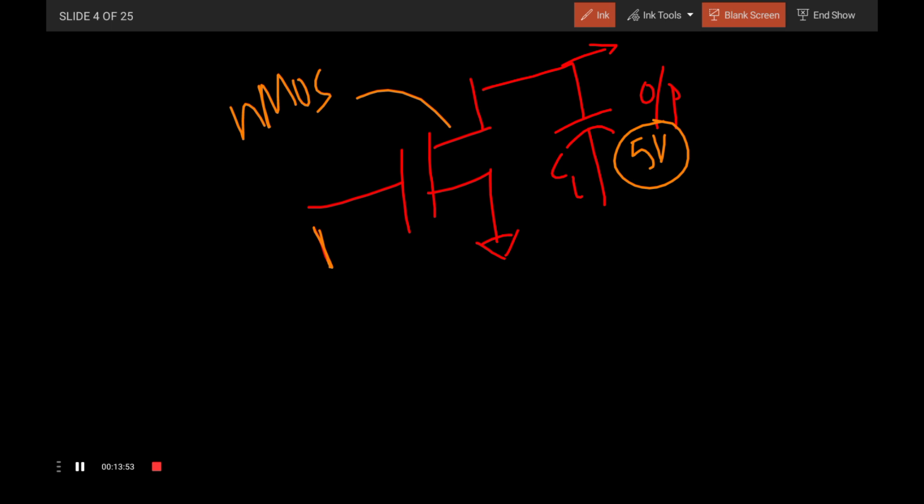On means that this voltage is sufficient to establish a channel between these two. Whenever the channel is there, there is electron movement from source to drain or drain to source. That is the basic internal meaning. Whenever sufficient voltage is applied to the nMOS transistor, a channel exists between source and drain. Therefore, it acts as a short circuit.